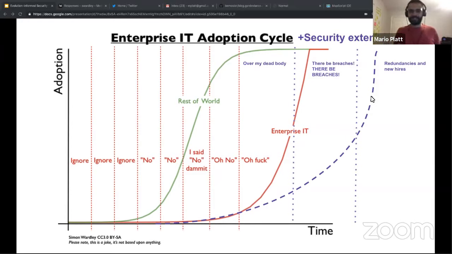So in terms of our stages, once enterprise IT gets to the "oh fudge" phase, we go on to an "over my dead body." Unfortunately, this is something that I've seen a lot in the past in many organizations that I worked with.